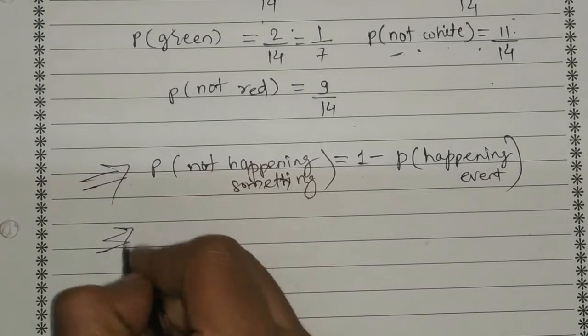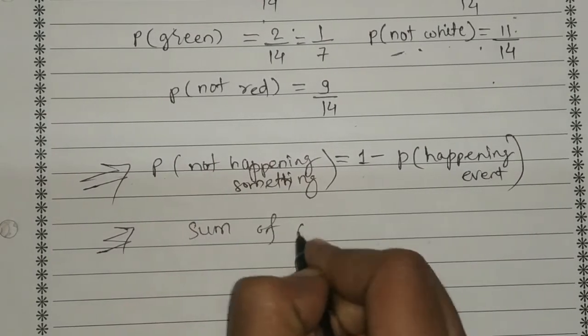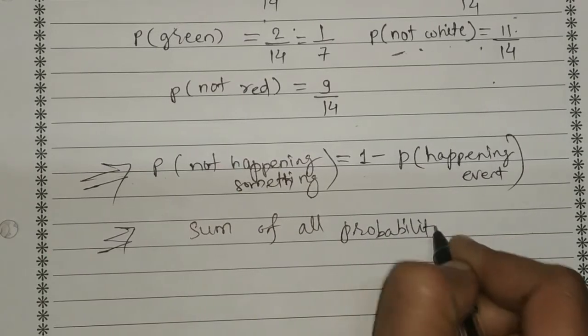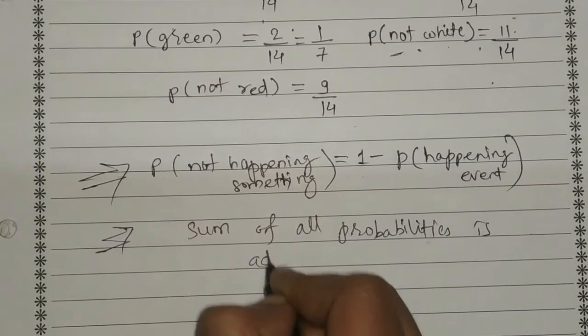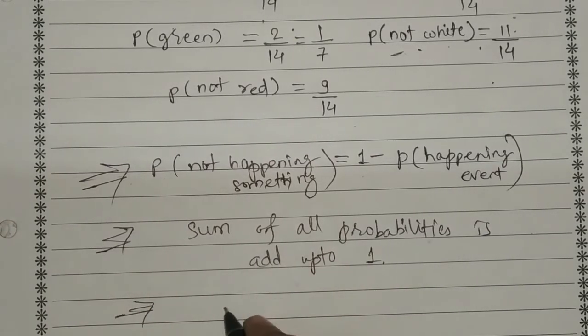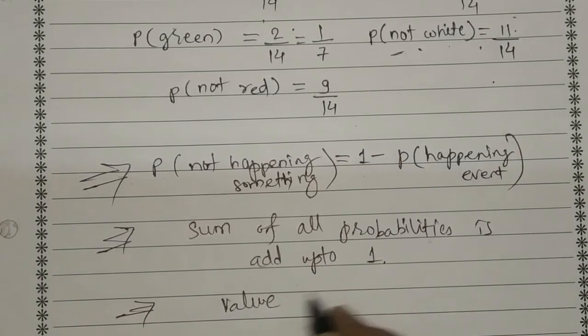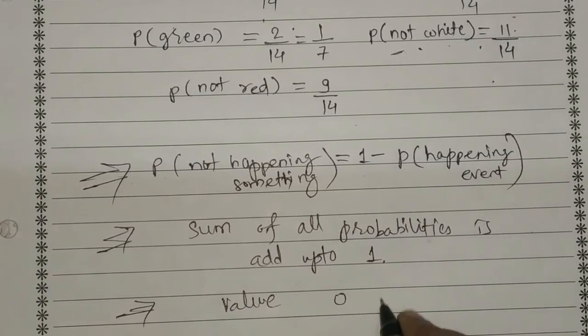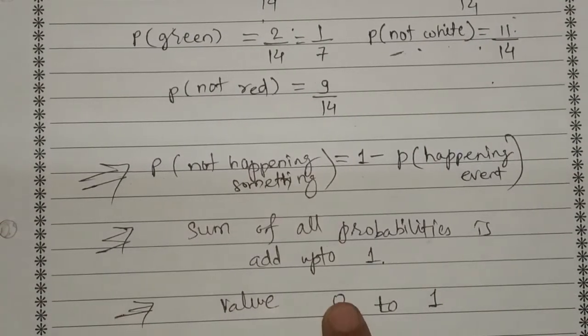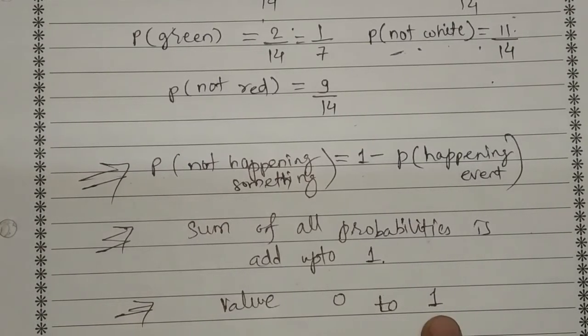And we know that the sum of all probabilities adds up to 1, and all probability values lie between 0 and 1. 0 is an impossible event and 1 is a certain event, sure to happen.